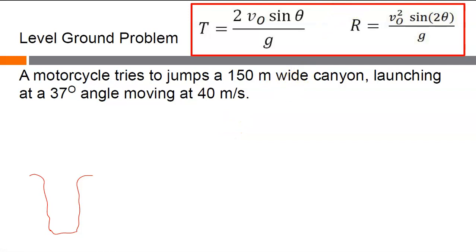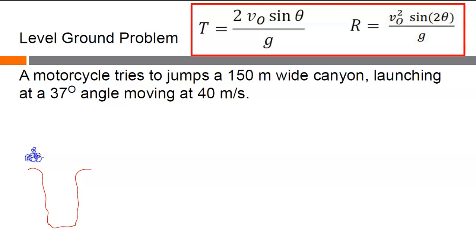But see how it lands at the same height that it started at? Here's your motorcycle right here. The motorcycle's up on the top of this canyon wall, and what a crummy picture.